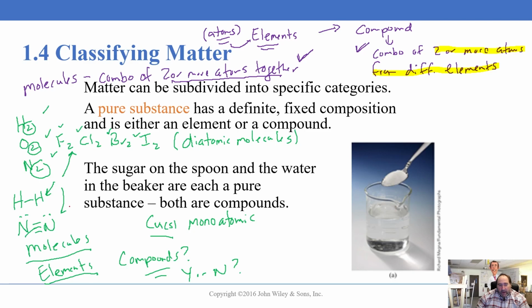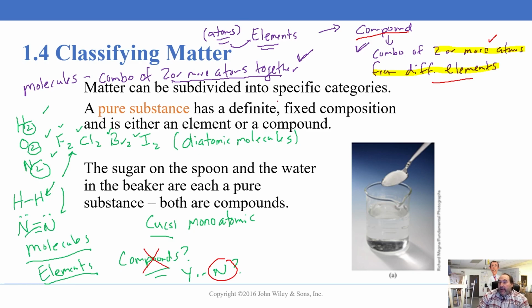If you think about our conversation about a compound up here, it is two or more atoms of different elements. They are not compounds, because they only contain atoms of the same element. So elements can be molecules, but they cannot be compounds.